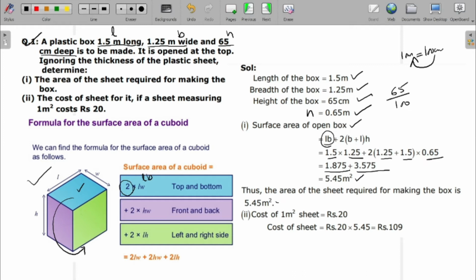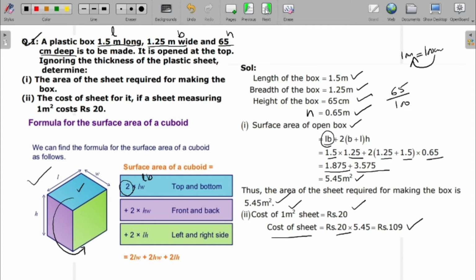Then the cost of 1 meter square is given as 20, so we multiply 20 by the surface area we have just calculated. So the total cost will be rupees 109. This is the case for question number 1.